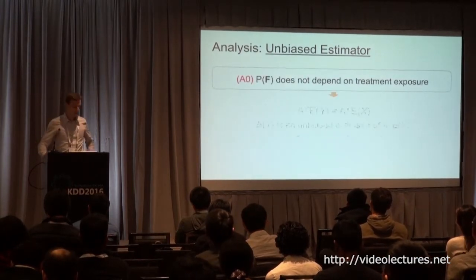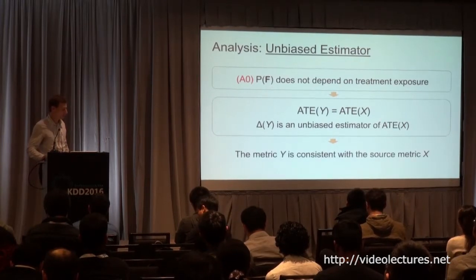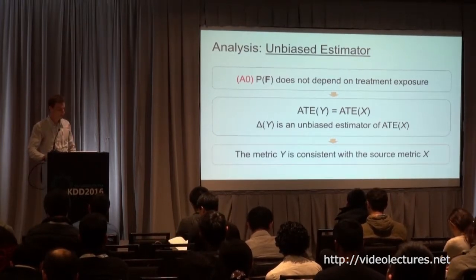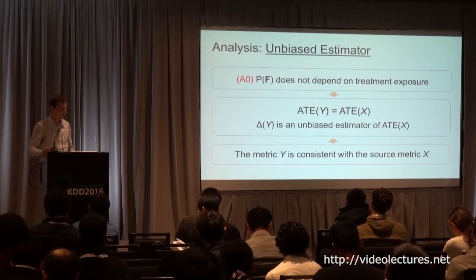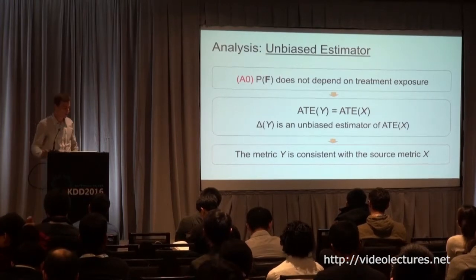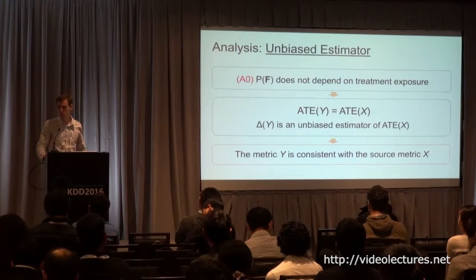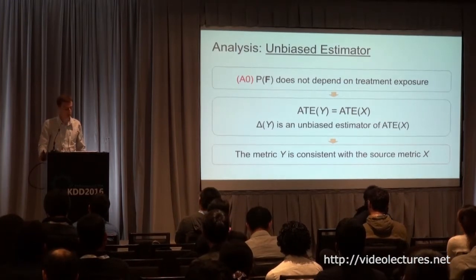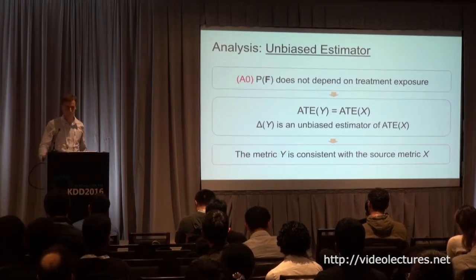The independence of treatment exposure implies that the average treatment effect of the modified metric y is equal to the one of the source metric x. Thus, delta y is an unbiased estimator of the average treatment effect of the source metric x, and the metric y is thus consistent with the source metric x.